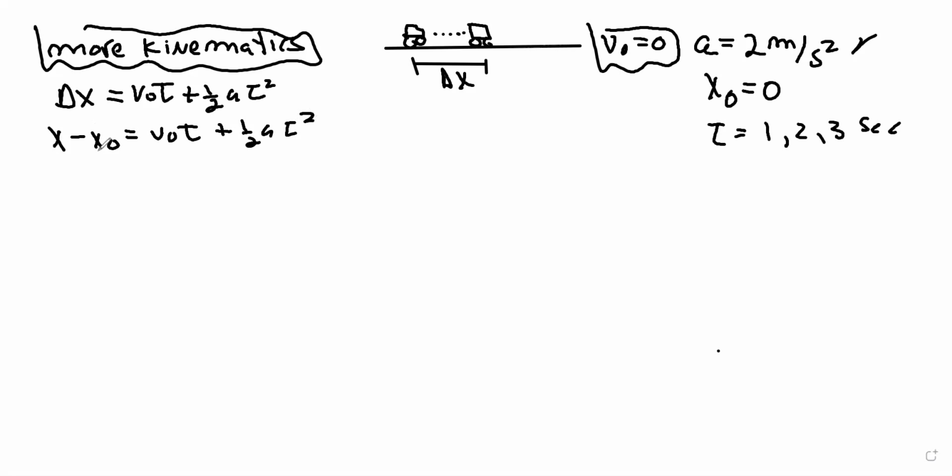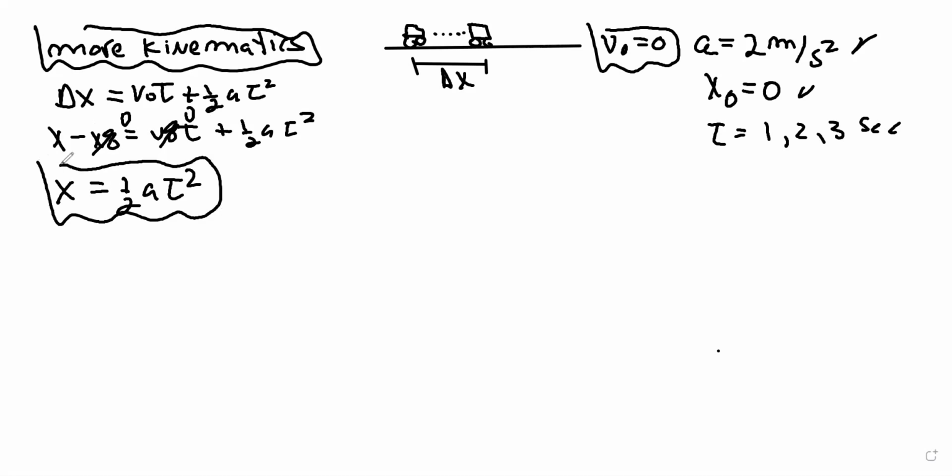In this case x naught is 0 and the initial velocity is also 0, because it starts from rest. So x is going to be 1/2 a t squared, and this equation gives you the position of your particle.